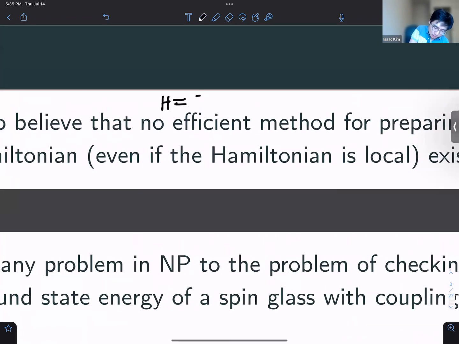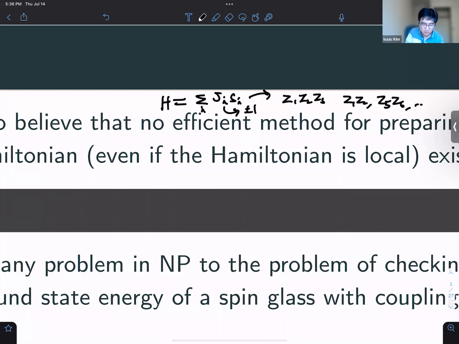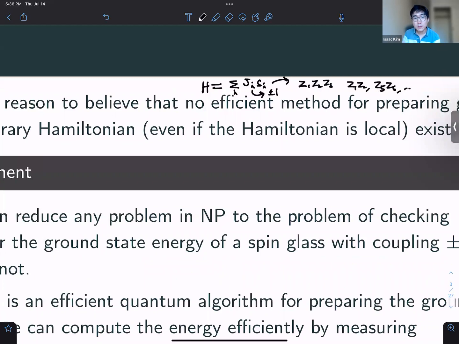So let's say the Hamiltonian is a sum of J_i S_i, where J_i is +1 or -1, and S_i is essentially a product of the angular momentum in the z direction. Let's say Z1 Z2 Z3, or Z1 Z2 Z5 Z6, things like that. So any model of this form. So it's a completely classical model.